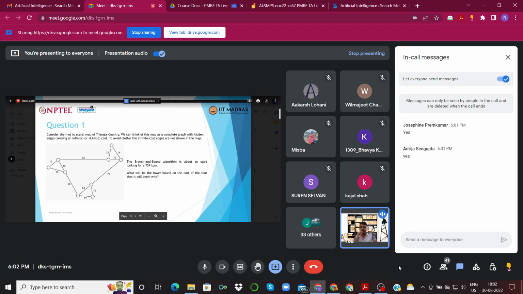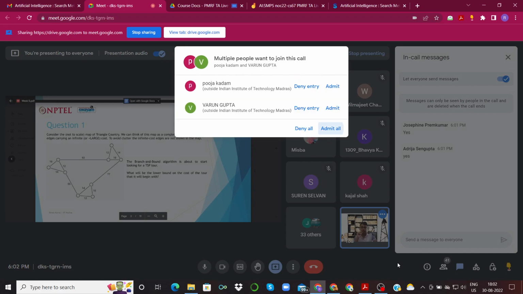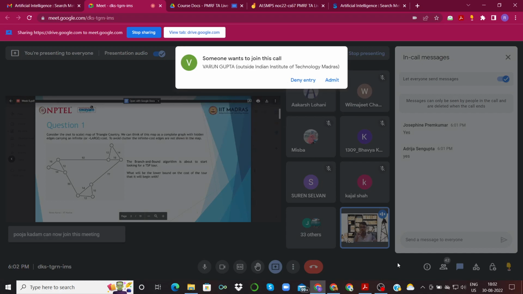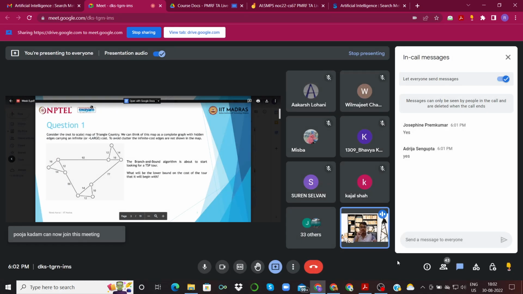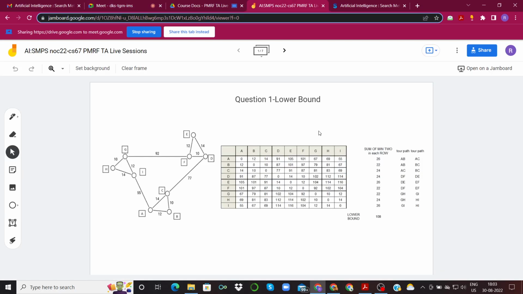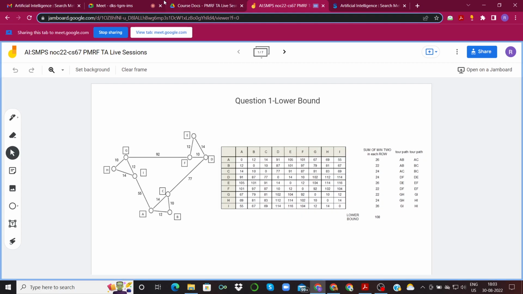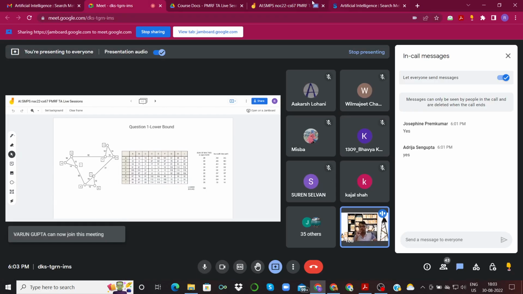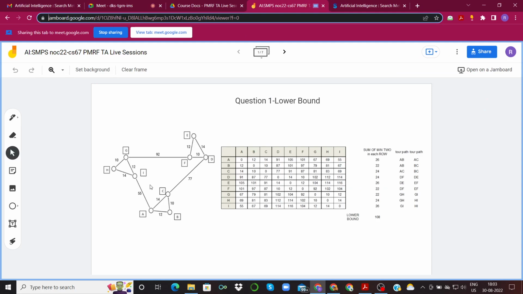So what do we want? We want the lower bound, right? So for every node, we'll have a look at the two minimum edges that might be connected to that node, right? So let me shift to my Jamboard for a better explanation. First of all, let us name these nodes so that it is easier for us to address them. Let us name them as alphabets A, B, C, D, and so on.